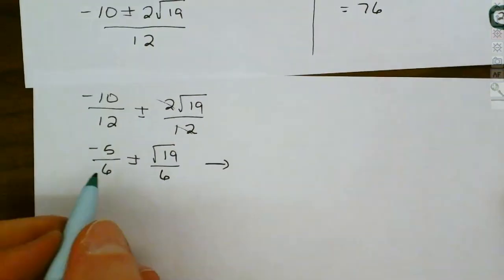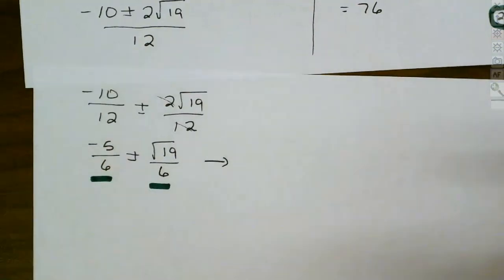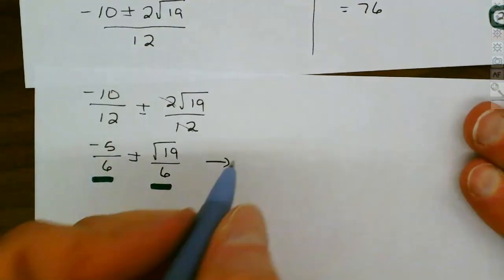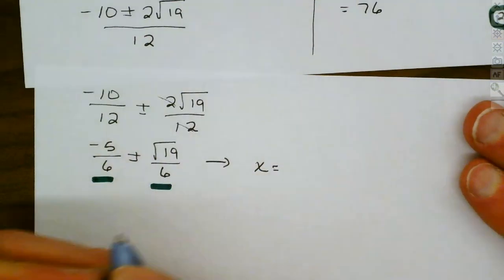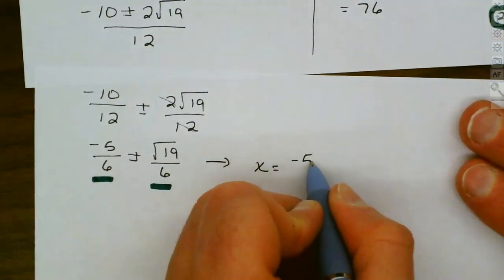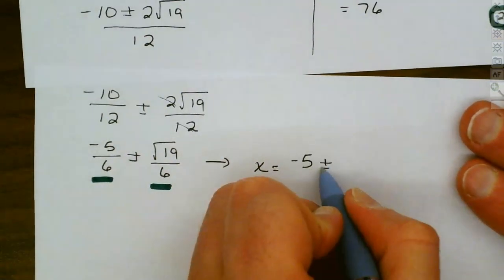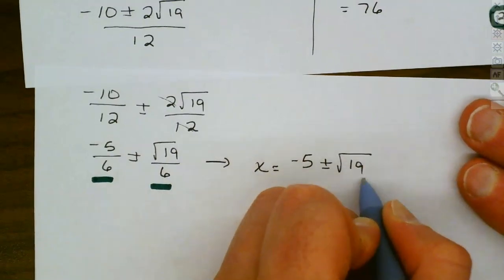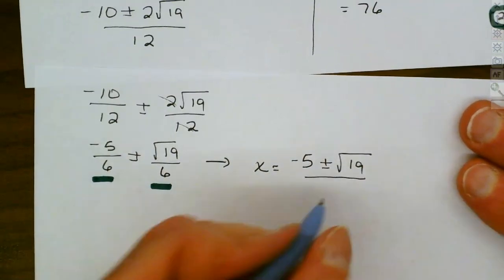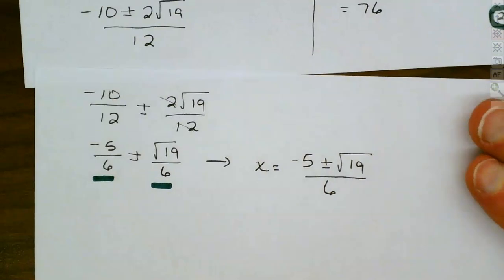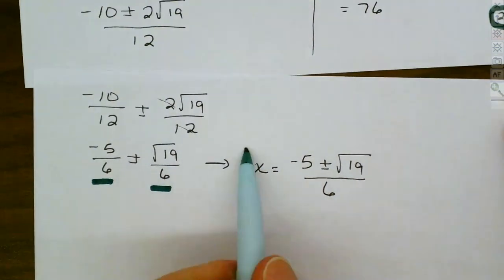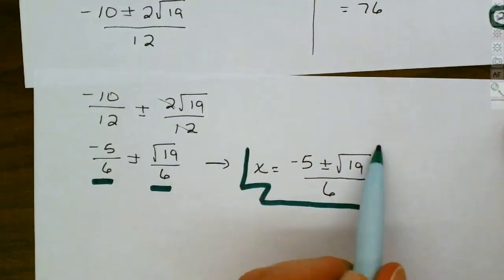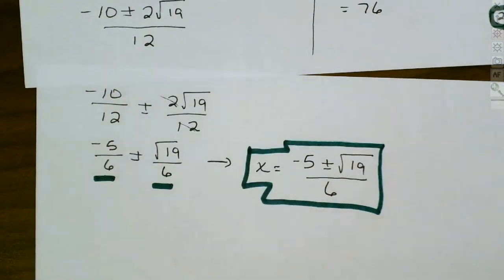Yes. So these can now be put back together. And that way it'll look like what they've got. So putting it back together, you now have minus 5 plus or minus the square root of 19. And what's my new denominator? 6. So there's your final finished answer. And does that match up with one of the key? Yes, it does.